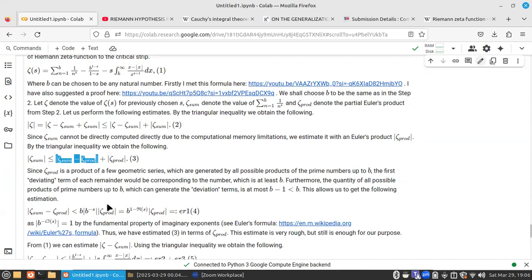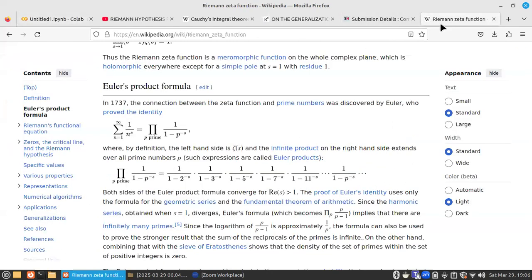And to estimate the difference between the sum and the product, we want to use the following observation. First of all, we observe that this Euler product is just a product of a few geometric series, and each natural number is actually a product of some powers of prime numbers.